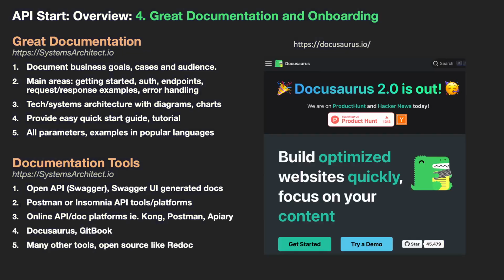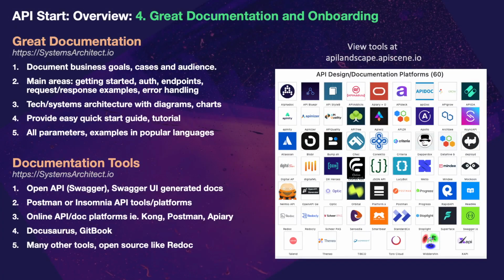If you want to build out your documentation portal for your API, you may also want to look at Docusaurus and Gitbook. There are over 60 API design and documentation platforms according to apilandscape.apicene.io. So there's many more to investigate.